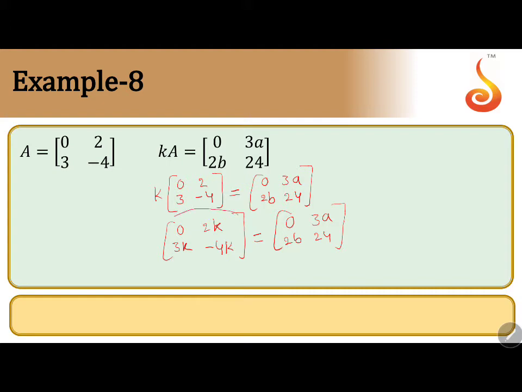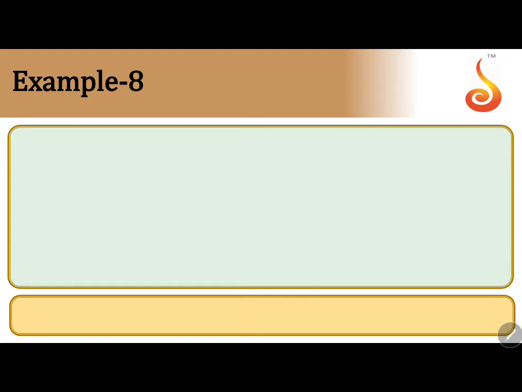So here on the LHS we have one matrix, on the RHS we have another matrix, and in between the equality sign is there. That means two matrices are equal. When two matrices are equal, by my second condition, corresponding elements are equal. First element is already 0, 0, same. Now I am going to equate the first row second column element: 2k is equal to 3a.